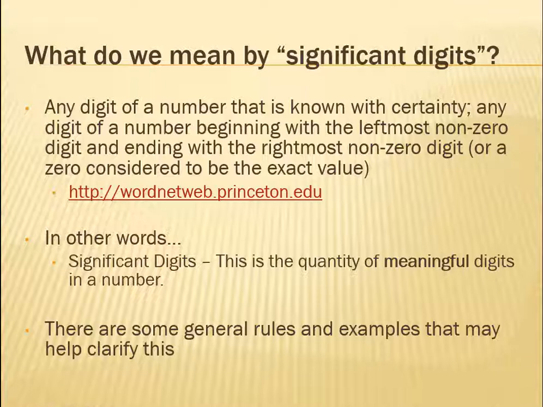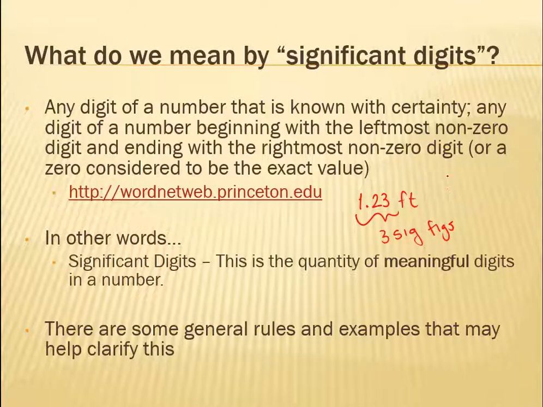When I say that I measured a table, and I found that it was 1.23 feet, it means that I was actually able to measure it with this much precision. So this here has 3 significant figures, 3 sig figs, or significant digits.